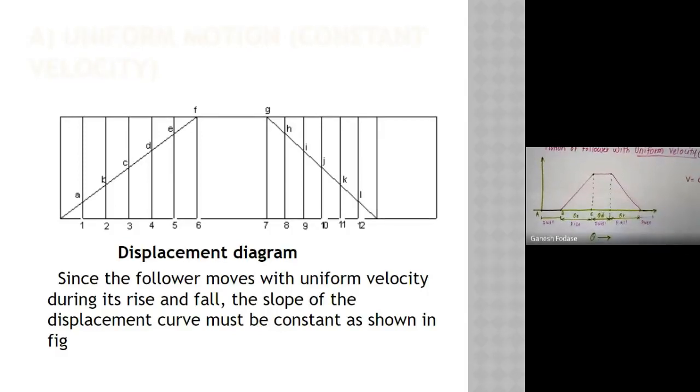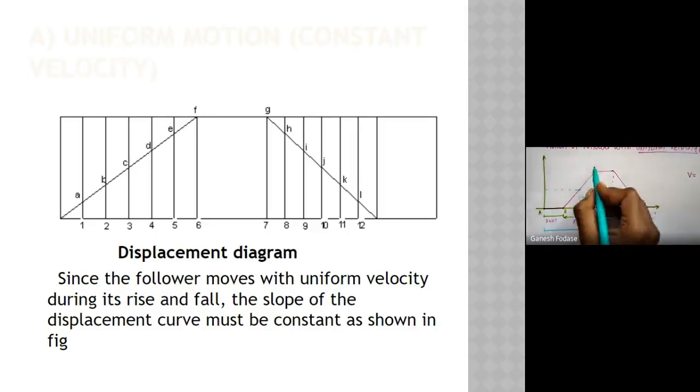So in order to find out velocity and acceleration relations, let's consider any angle theta from here, and its displacement is y. So this one is y at angle theta, while at angle theta O, its displacement is s. This complete motion is s.